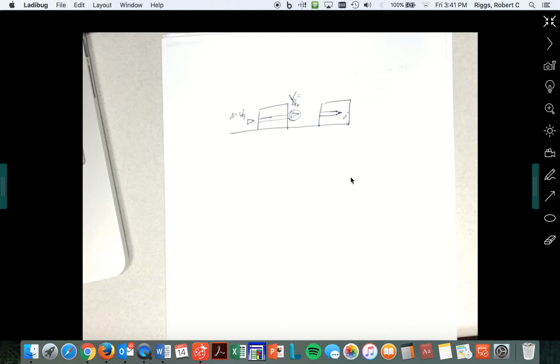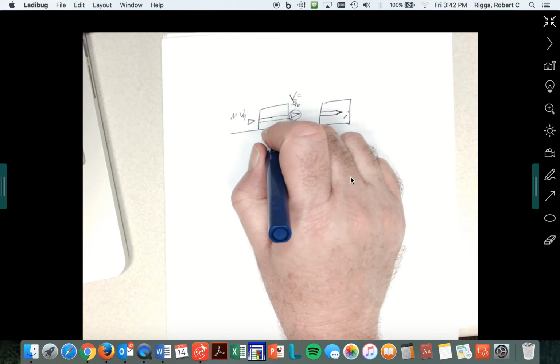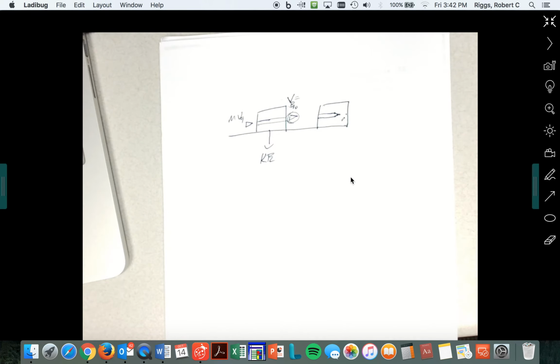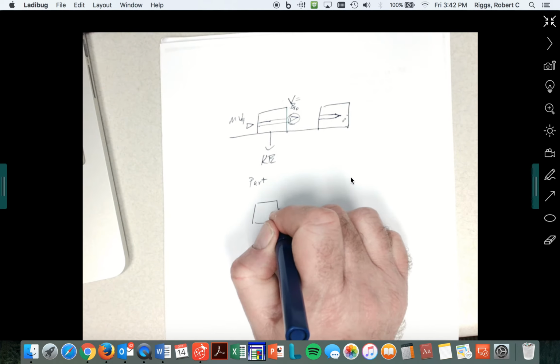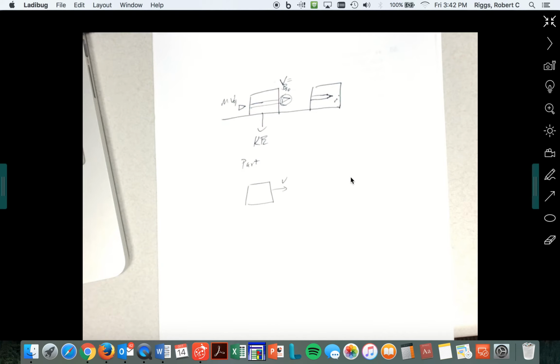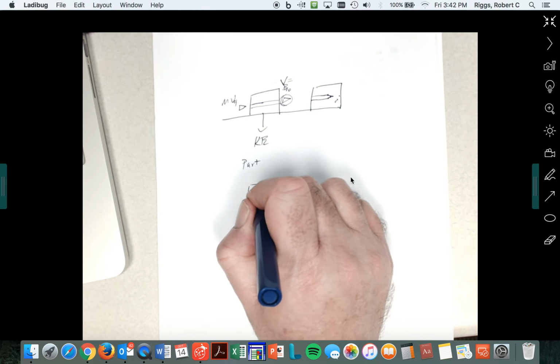But the kinetic energy that they're looking for, I forgot about this block here. Don't forget its kinetic energy. This block is now moving. So here's part 2. This block also has a kinetic energy after, because it's got a constant velocity going this way, of block 1.